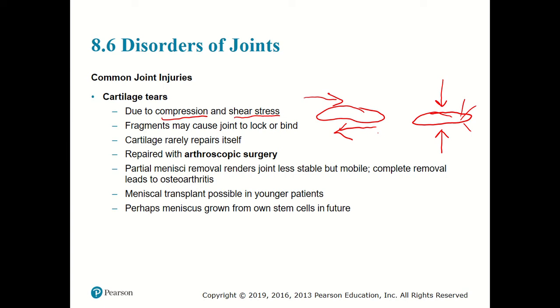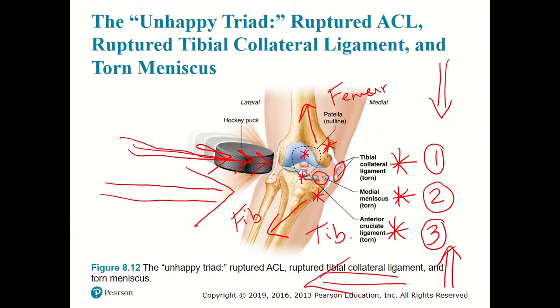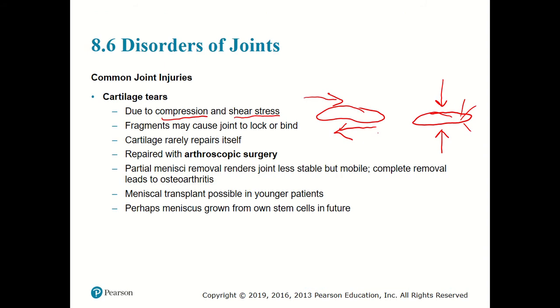One hand goes down, one hand goes up, or one hand goes left and one hand goes right, and we tear the paper, and that's what we know to be shear stress, right? So cartilage damage can result from either compression, the force applied from the top or bottom, or shear stress, right? And what we see here, just kind of going back, when we see the menisci there, that is really because of shear stress. Okay.